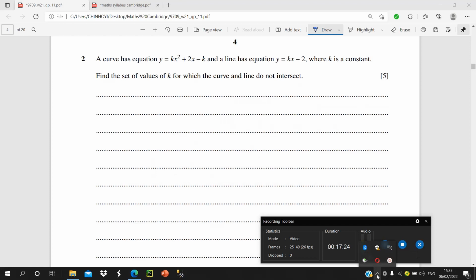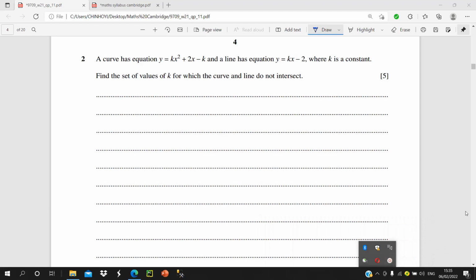Right, on number 2 we have a question, and the question is saying we have a curve with equation kx squared plus 2x minus k, and a line with this equation where k is a constant, and the question is saying find the set of values of k for which the curve and the line do not intersect.